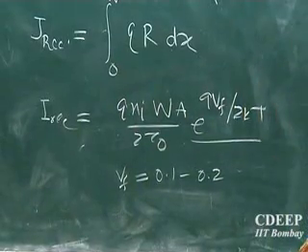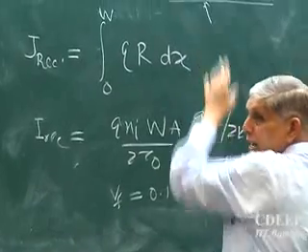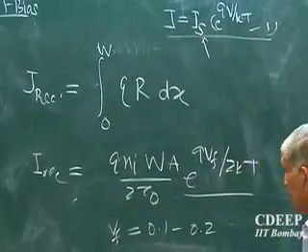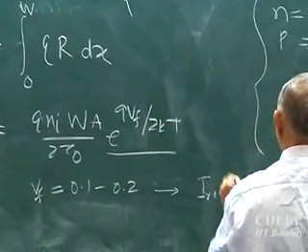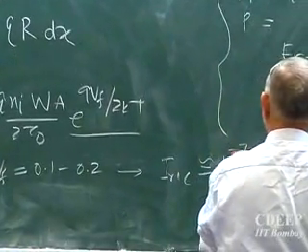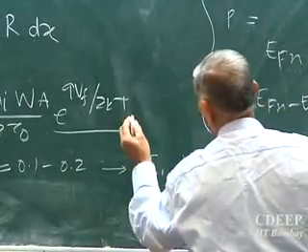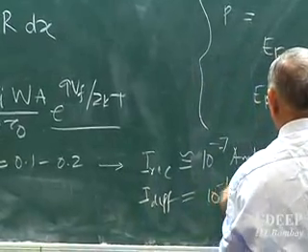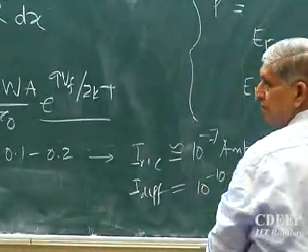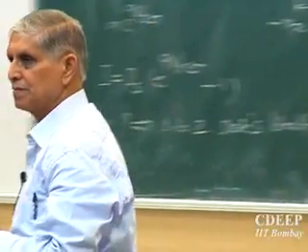Multiply by area. So if I evaluate this term and that term, I figure out that I recombination may be of the order of 10 to the power minus 7 amps, which is around 0.1 microamp, whereas I diffusion will be of the order of 10 to the power minus 10 amps. So which is dominating? The recombination current.